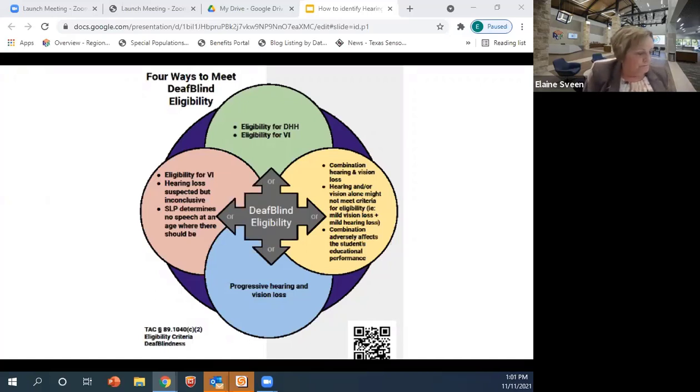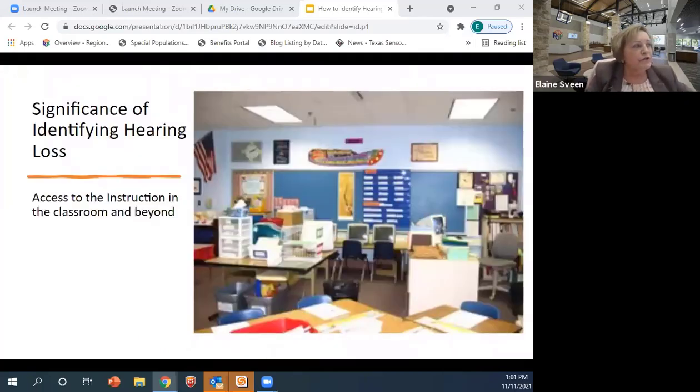All right. So, significance of identifying hearing loss. It's important to do that so that we can provide access for our children in the classroom.